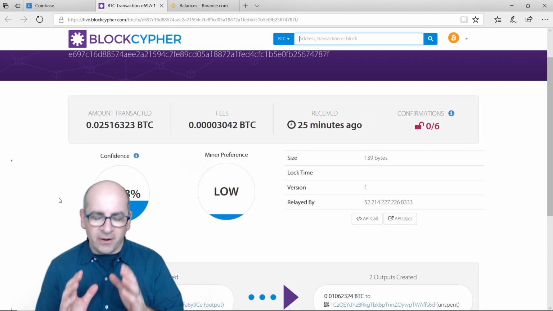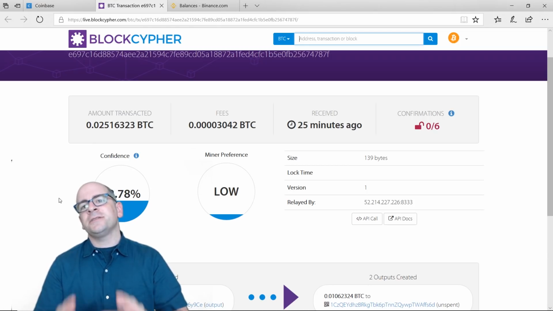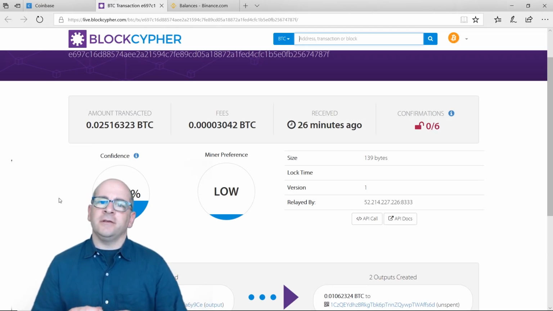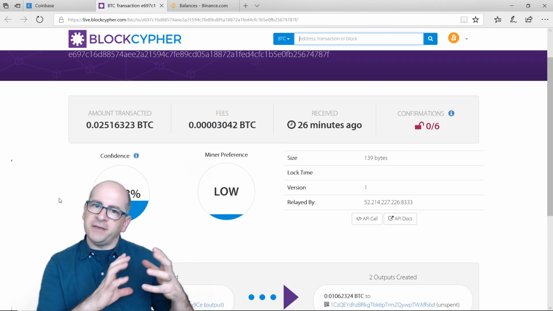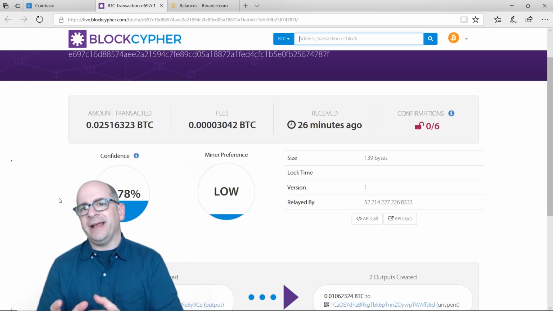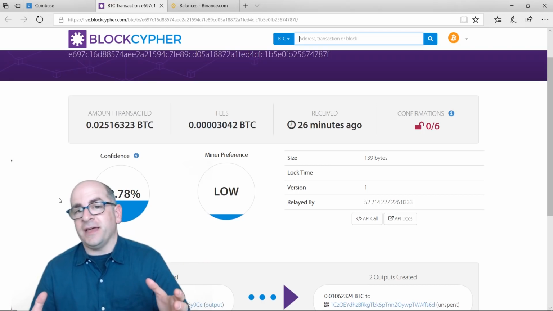But bear in mind that there is going to be a bit of a penalty because the fees are so low. Just to help you guys out, if you're going to be imitating me with sending Bitcoin from GDAX to Binance, I'll let you know the full amount of time it has taken to send that amount of Bitcoin to Binance, how many hours or even days for that matter.